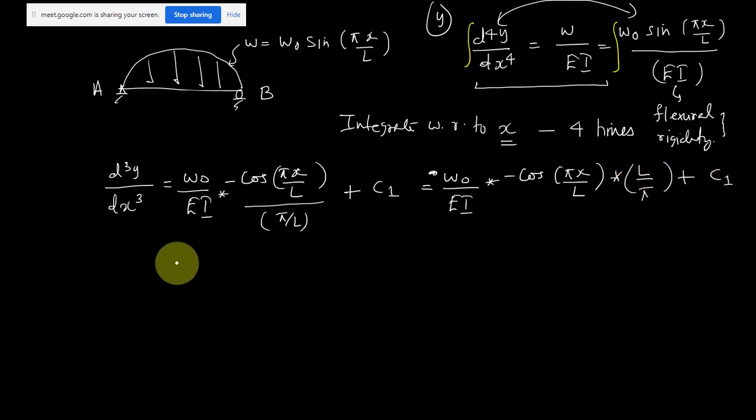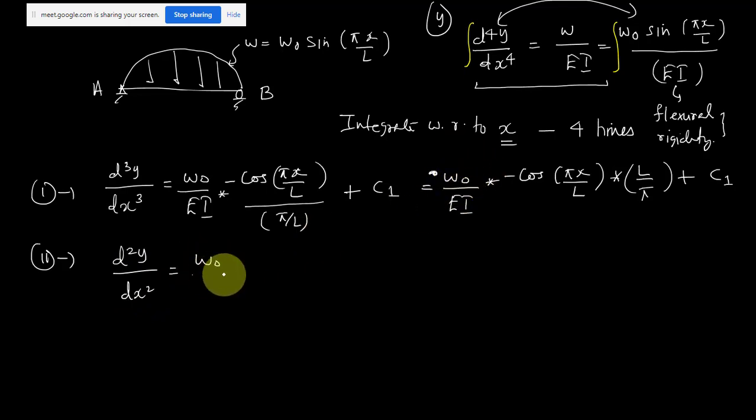So this is the first integration. Now do the integration again and you will get d square y by dx square. Do the integration of this part. Again w0 by EI is a constant. Now we have to integrate minus cos of pi x by l.